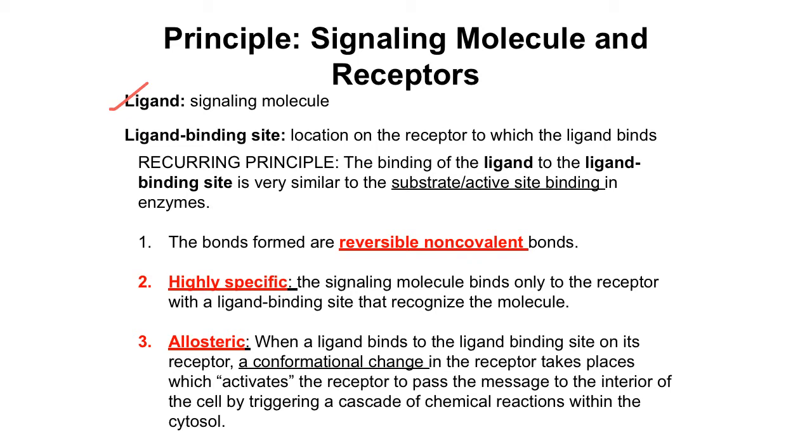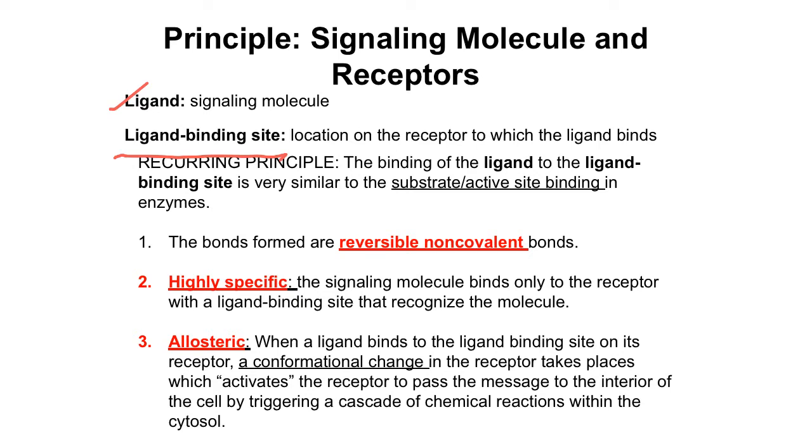Now, the ligand binds to a particular part of the receptor protein called the ligand binding site. So this is the specific location on the receptor to which the ligand binds.